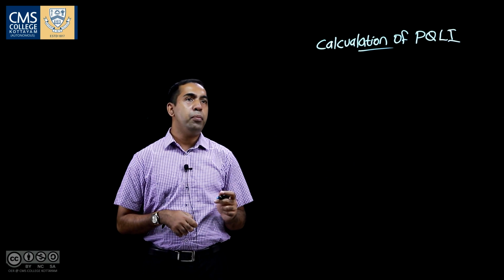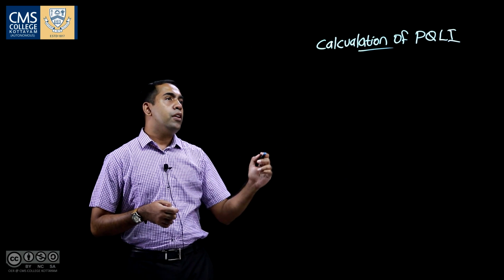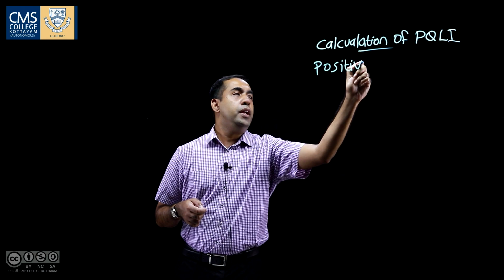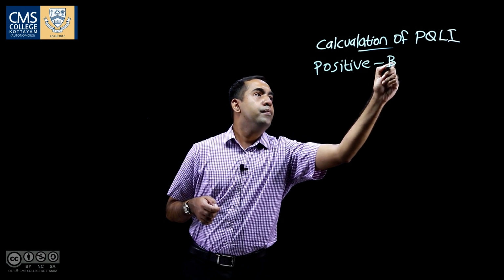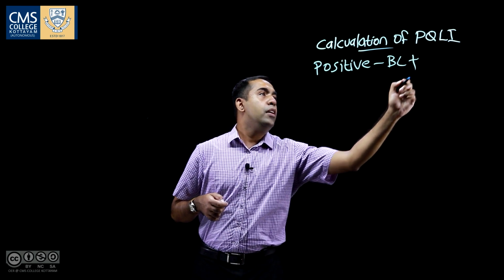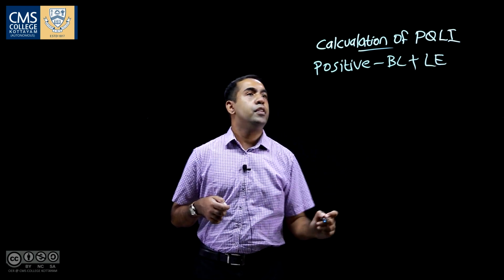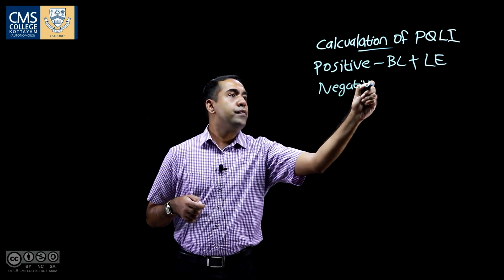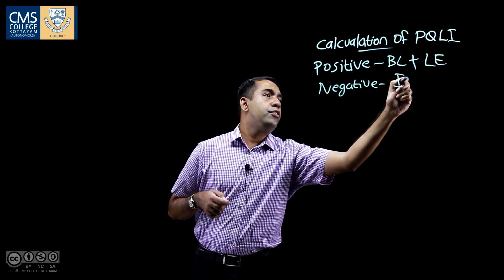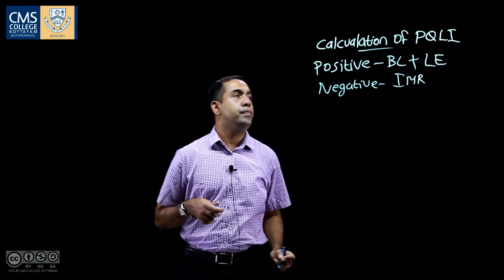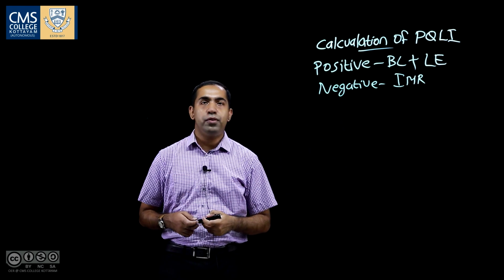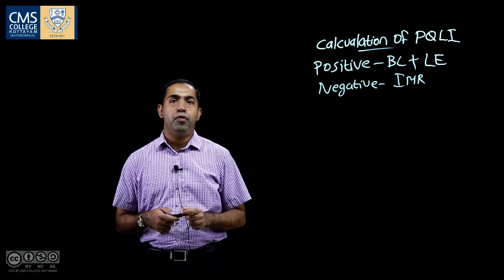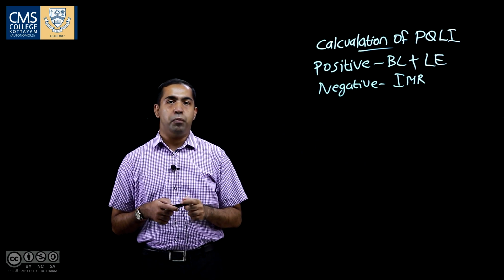From the variables considered earlier, the positive indicators are basic literacy and life expectancy. The negative indicator is the infant mortality rate. Also, for each indicator there is a minimum value and a maximum value.